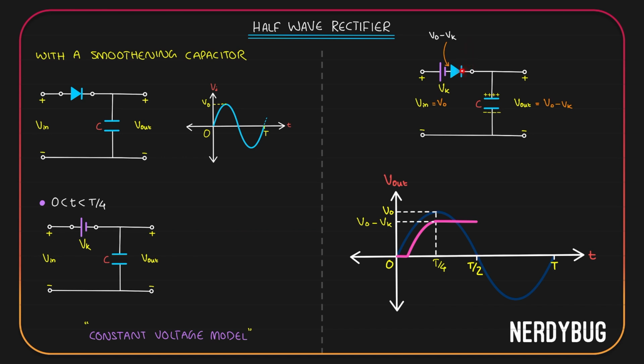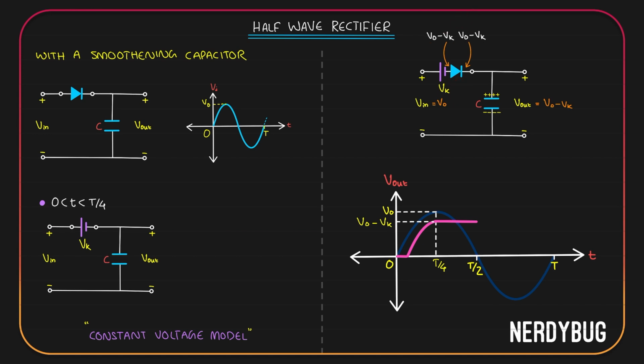Its N side is directly connected to the capacitor. So whatever is the potential across the capacitor, that is what it is getting over here, and it is also V naught minus Vk. So right now, when the input is at its peak over here at this point, potential across this ideal diode on both its sides is V naught minus Vk.